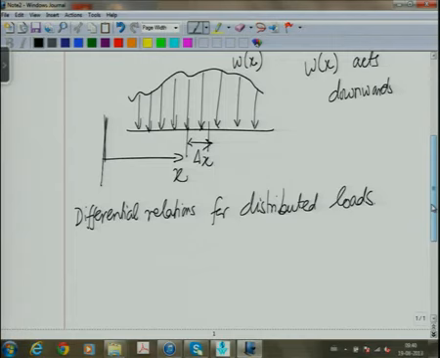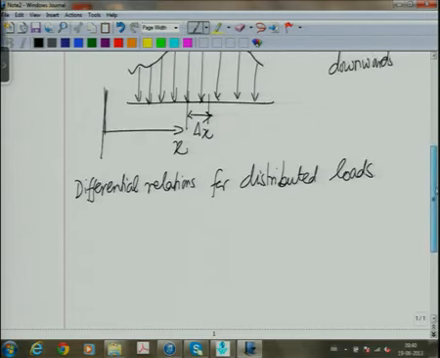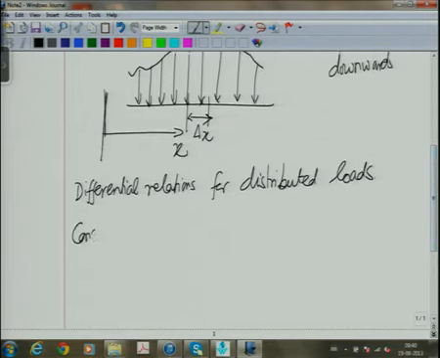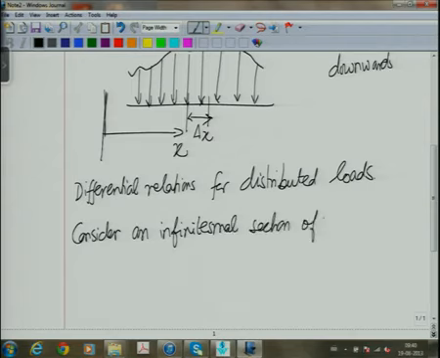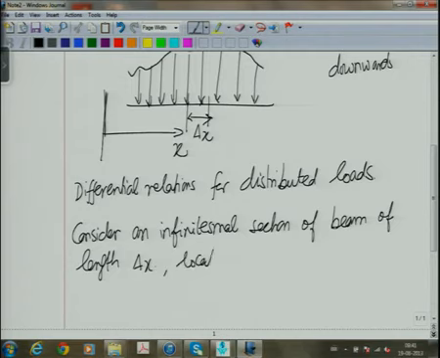So on this infinitesimal section, we consider an infinitesimal section of beam of length delta x located at the distance x.